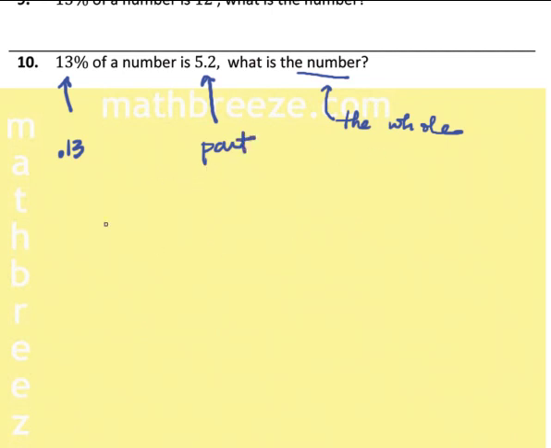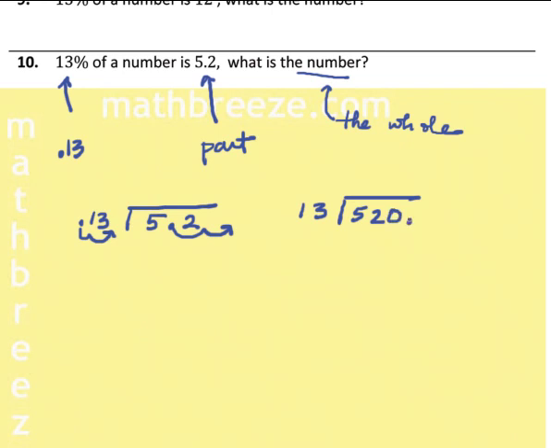So 0.13 divided into 5.2. Move the decimal over 2 places, here and here. So we're going to be dividing 13 into 520. Let's put our decimal place here at the end and up in the quotient.